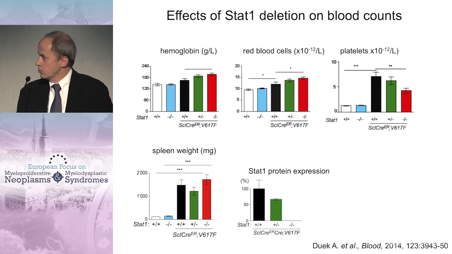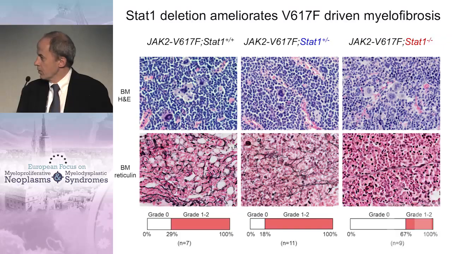Not totally to normal levels, they're still elevated, but they are lower than V617F that is acting in the presence of STAT1. The spleen weight had in this model no effect. So deleting STAT1 had no effect on spleen levels. And this is just to show that the knockout was complete.